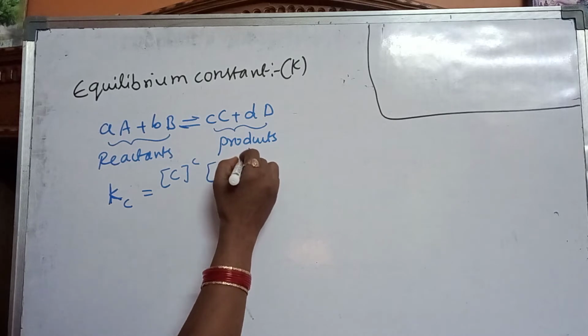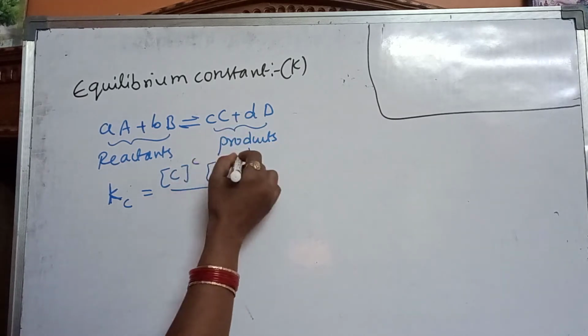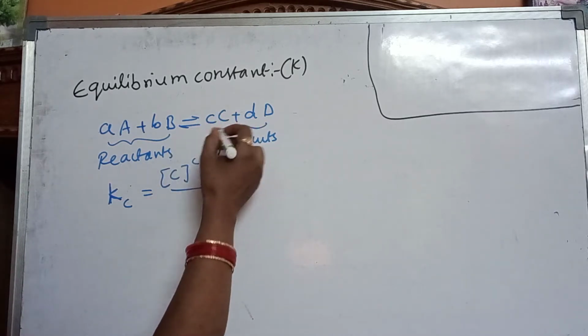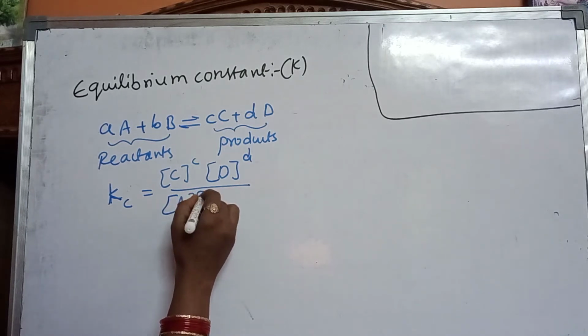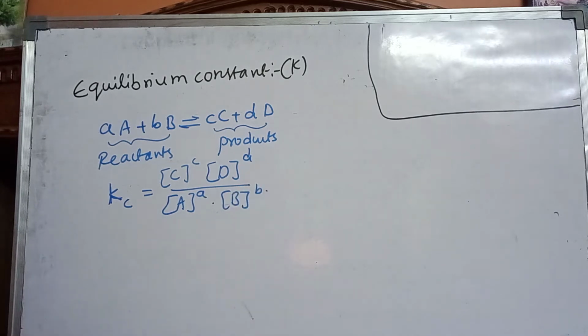So Kc is the concentration of C to the power c into the concentration of D to the power d, divided by the concentration of A to the power a into the concentration of B to the power b. The powers are stoichiometric coefficients known from the balanced chemical equation.